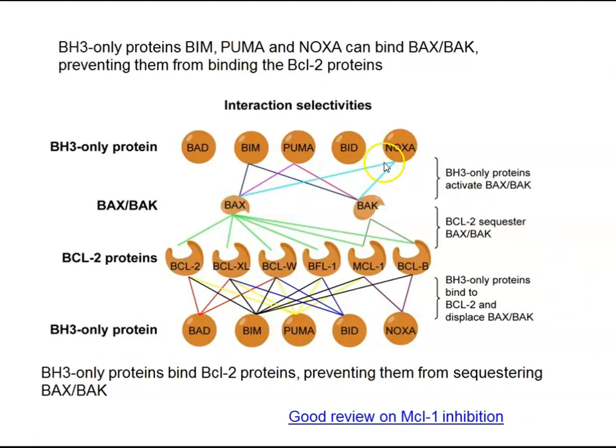So there are a whole range of related proteins here. We've got BCL2, BCL-XL, and a whole range of other BCL2-like proteins which are anti-apoptotic, which will bind to either BAX or BAK in this case.